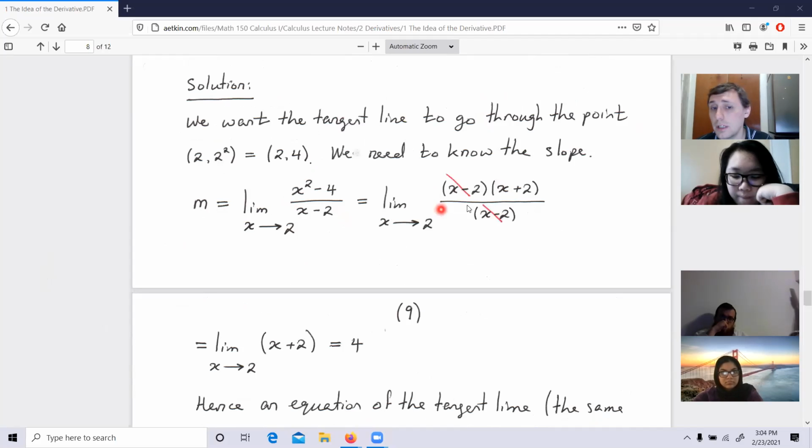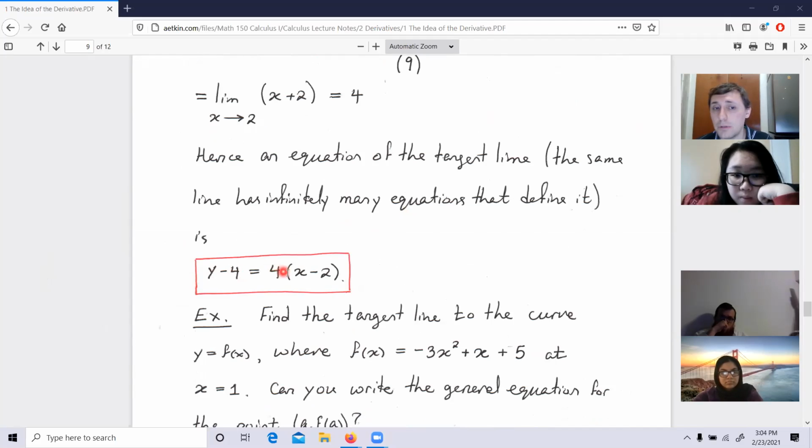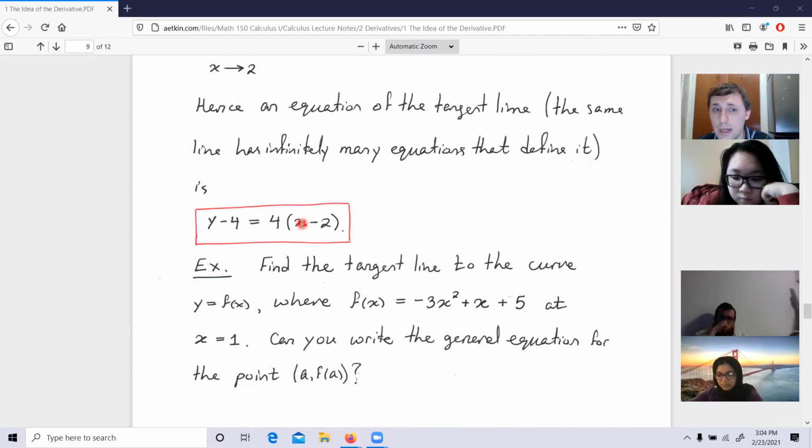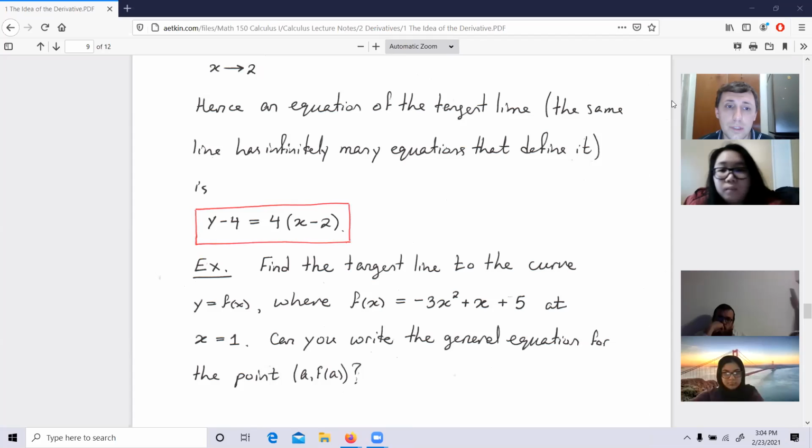Here is that same limit calculated. The limit is 4. You understand why I have y minus 4 equal to 4 times x minus 2? What I'm saying is that now I'm using the xy. I'm saying if xy is on the line, I'm changing the meaning of xy, right? If the point xy is on the line, then if I measure the slope from xy to the point 2, 4, I should obtain the slope 4. And that's the only way I can be on the same line. Do you understand? So this equation is somewhat more natural to think of in this form, right?